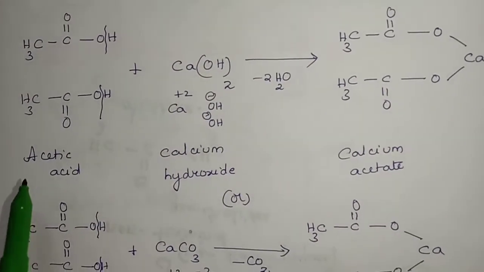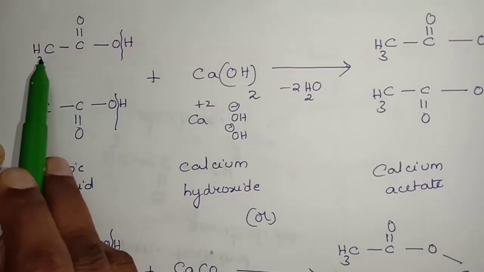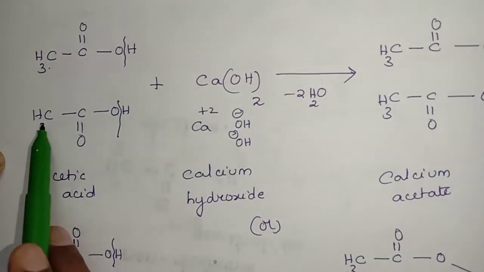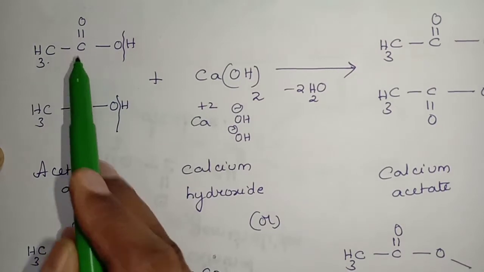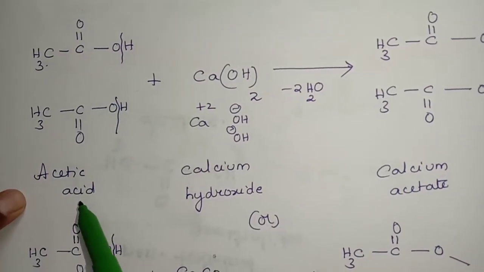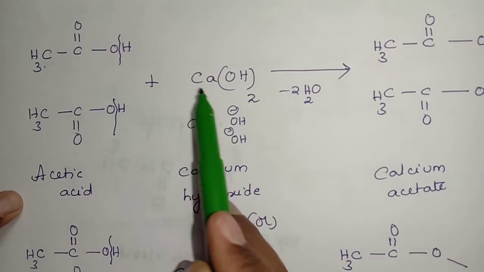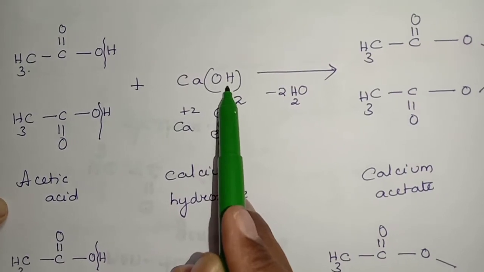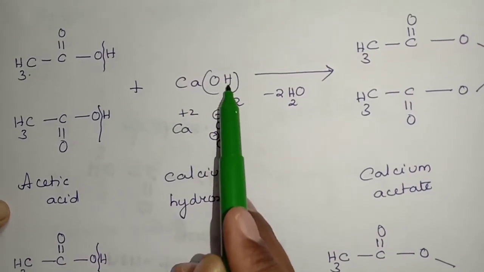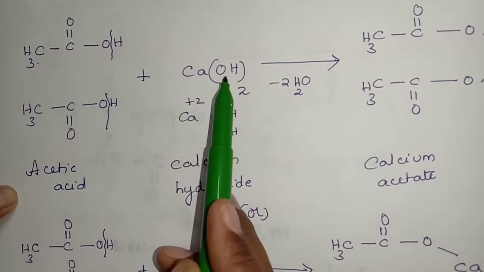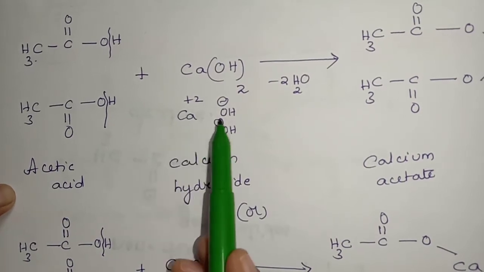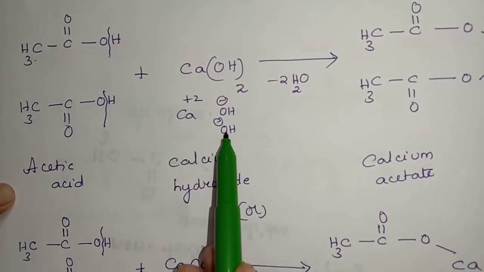Have a look students. This is acetic acid, CH3COOH. 2 molecules of acetic acid are taken and reacted with calcium hydroxide, Ca(OH)2. Ca(OH)2 can be split into Ca plus 2 and 2 OH minus ions.